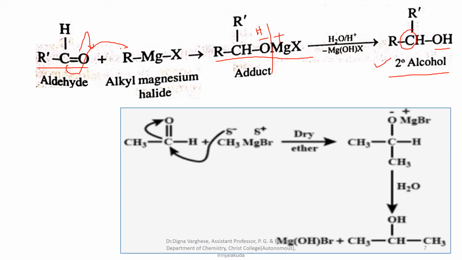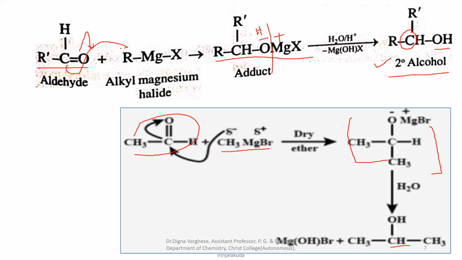Here you can see acetaldehyde reacts with methyl magnesium bromide in dry ether. It will first form an adduct here, which will undergo acid hydrolysis to form 2-propyl alcohol. It's a secondary alcohol.